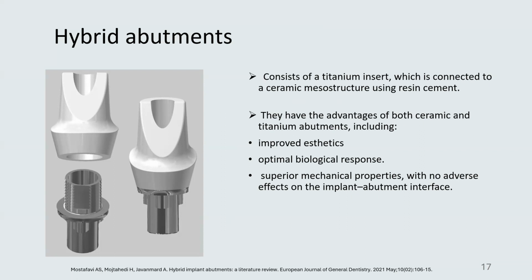They have many advantages. They can have improved aesthetics, optimal biological response, and superior mechanical properties with no adverse effect on the implant abutment interface, because now we don't have a difference in mechanical properties at the connection between the implant and the abutment.